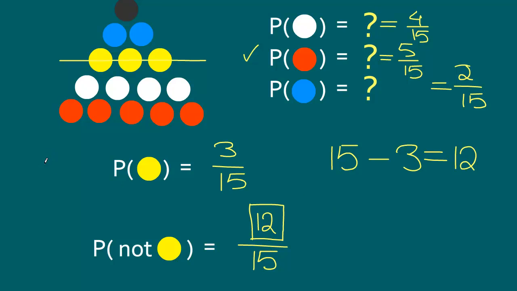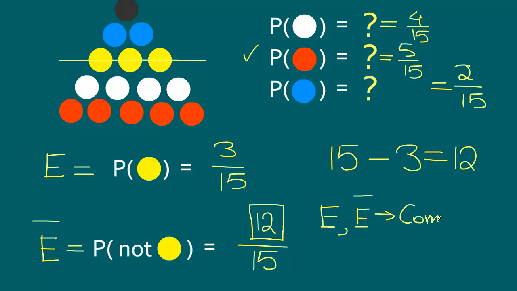Now, if we call the event of picking a yellow marble E, then we call the event of not picking a yellow marble E dash or E bar. These events E and E dash are called complementary events.